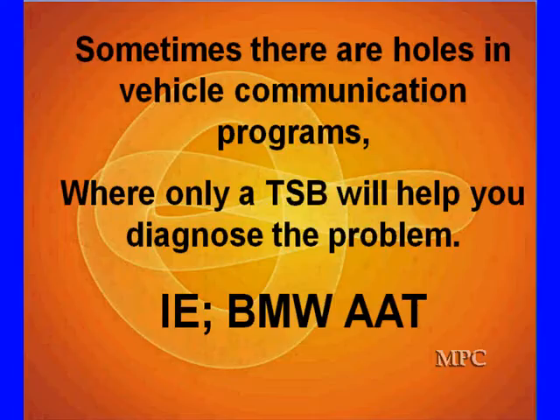No amount of diagnostics is going to find this hole in a program. So use TSBs. We recommend that you go on the manufacturer's website when you have a communications problem and make sure you're not butting heads with a TSB when you find a problem. It's happened before, and it'll happen again.